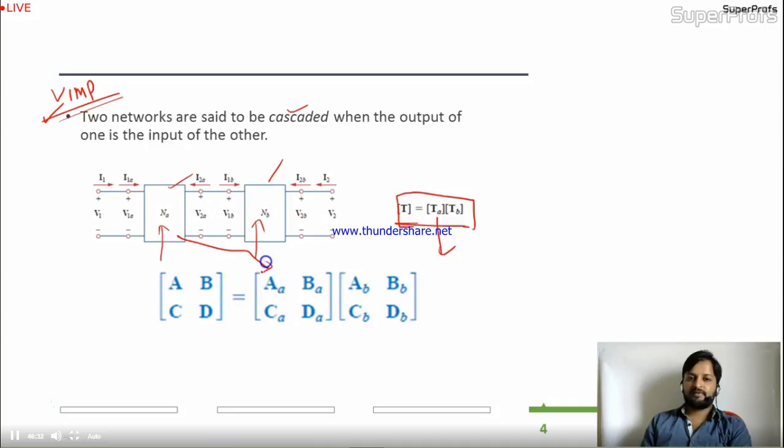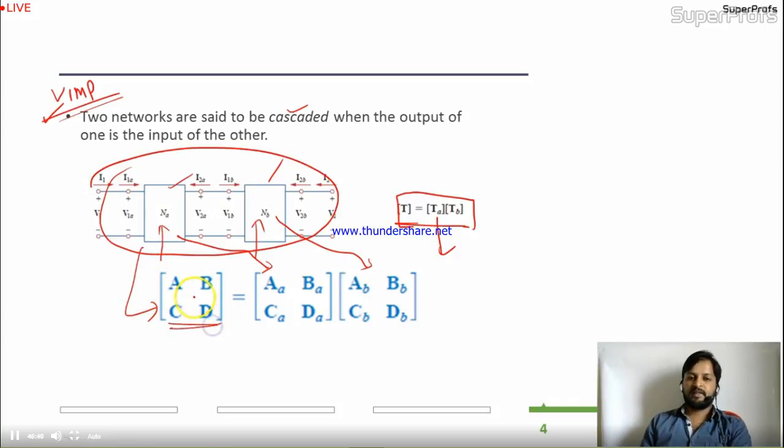The parameters of this are given over here, and of that over here. The whole parameters of the circuit are given by this, which is nothing but the multiplication of the individual matrices. Is it okay?